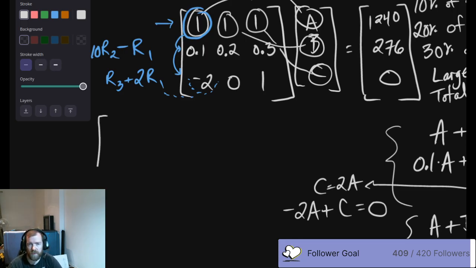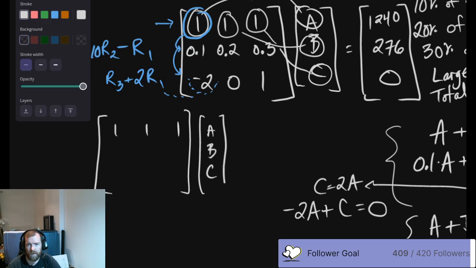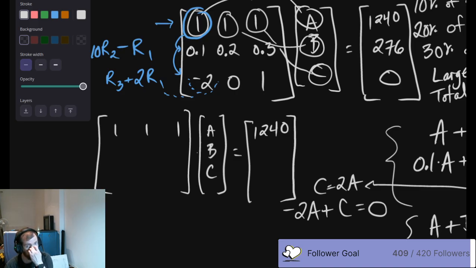Okay, so we didn't change the first one. It's 1, 1, 1. Times that is going to be equal to 1240. Didn't change the first one at all. Second one, we've got 10 times row 2. So 10 times 0.1 is 1 minus the 1 up above it. Just like we engineered it to happen, it's going to get us a 0. 10 times 0.2 is going to be 2 minus 1 is just going to be 1.